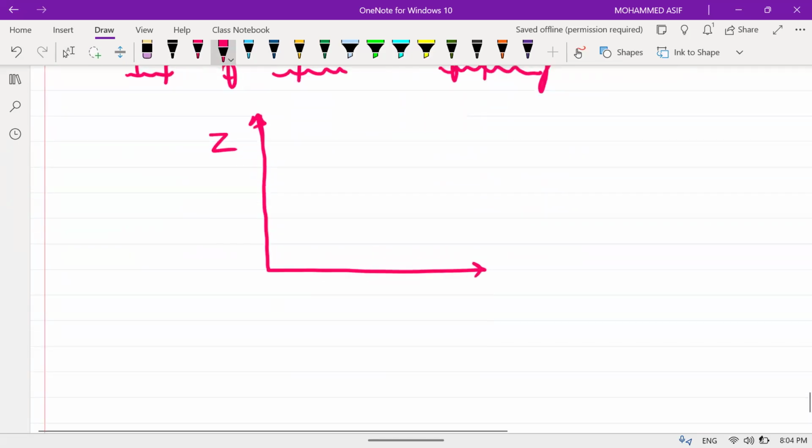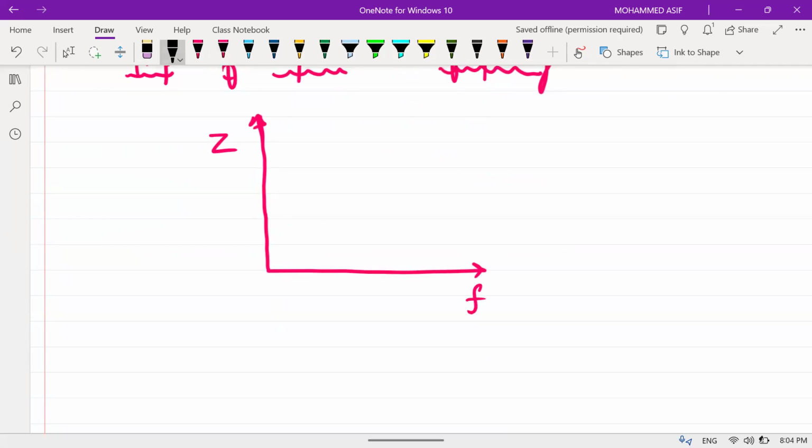On the x-axis, we are taking the frequency. The graph will be something like this. It will be minimum somewhere here. So Z minimum must be equal to how much? R minimum. At that time the frequency will be the peak value f naught.